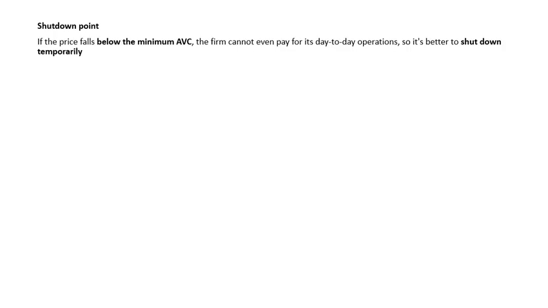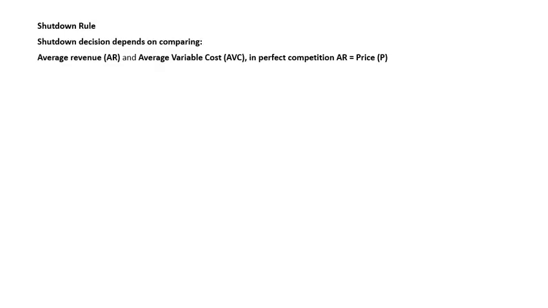Okay, and now we will see the shutdown point. You have to know that in the short run, a firm must at least cover its variable cost, VC, to stay in business. So if the price falls below the minimum AVC, average variable cost, the firm cannot even pay for its day-to-day operations. So it's better to shut down temporarily. The shutdown decision depends on comparing AR, which is the average revenue, and average variable cost. In perfect competition, the average revenue equals the price.